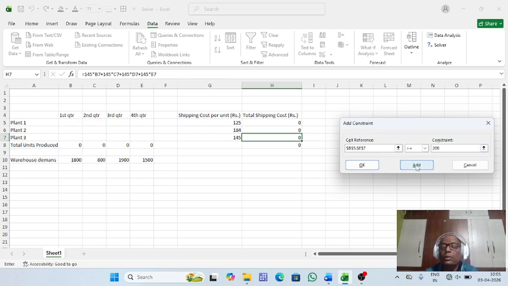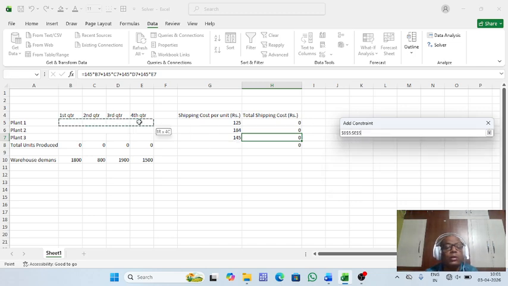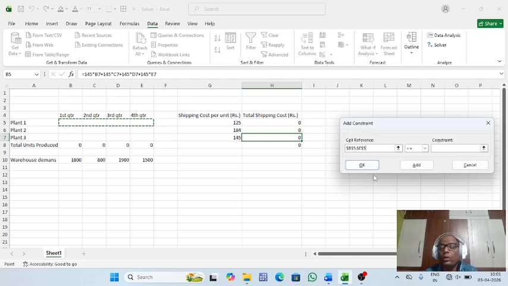That means each plant should produce at least 200 every quarter, B5 to E7. Second, plant 1 in every quarter should produce less than 920. That is the maximum quantity. You cannot produce more than 920.